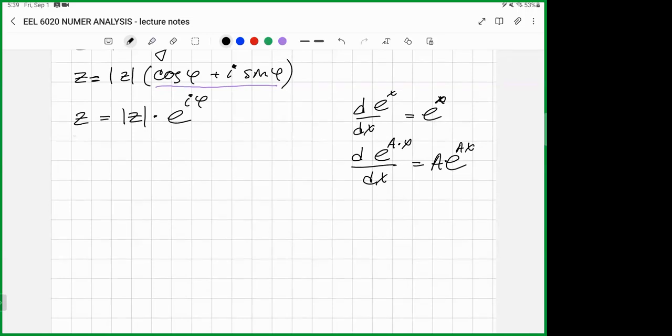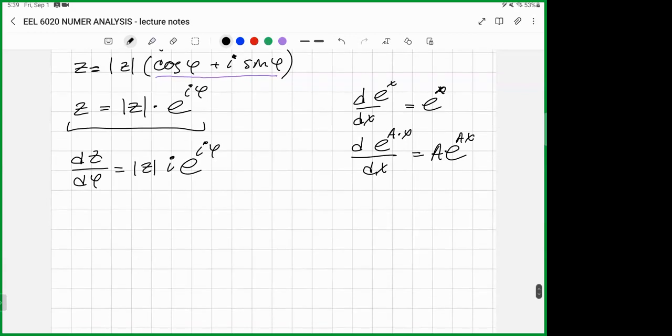For example, for this complex number, if we take the derivative by angle phi, the absolute value is just a constant, and the derivative of the exponential function by phi gives us I, and then the exponential function e to the I phi itself.